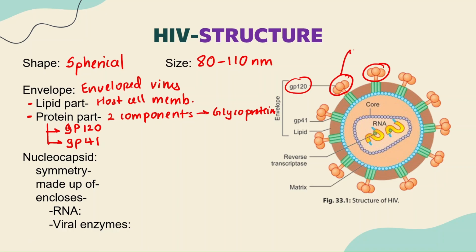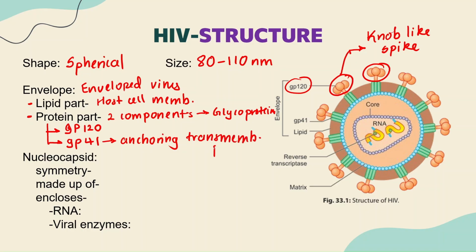We can simply describe this GP120 as knob-like spikes on the surface. Knob-like spike structures on the surface are what is called GP120. And the second component, glycoprotein 41, forms the anchoring transmembrane pedicle. This is what it is forming here.